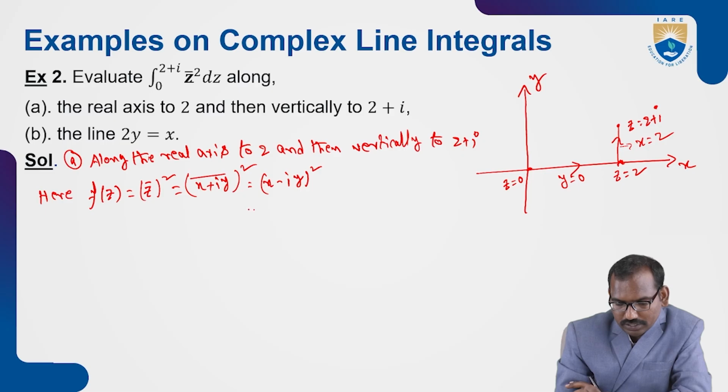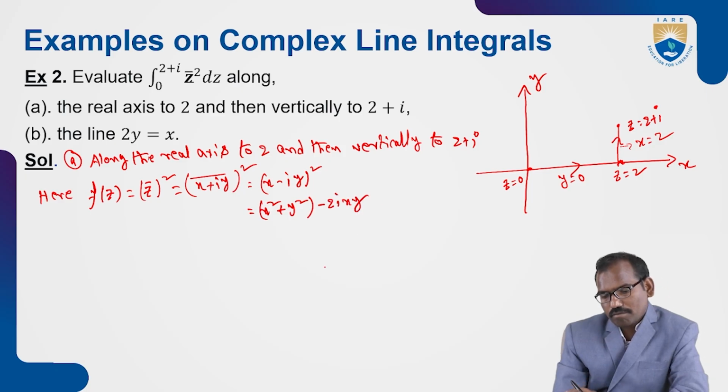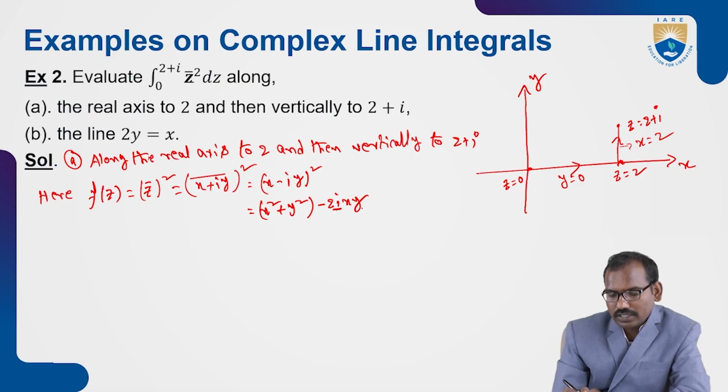So what you can get here? It is x square plus y square minus 2i xy. Okay, you can observe there is an imaginary number. And this is f of z. For z bar square, there is a real part and we have an imaginary part.